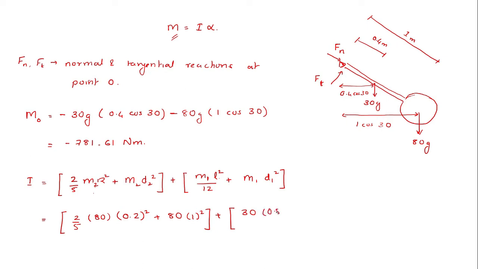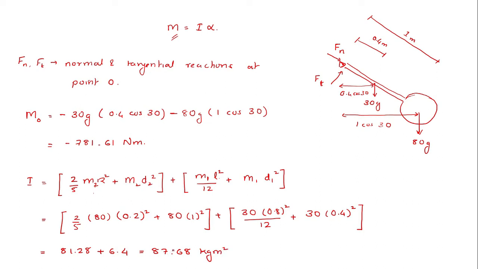So 0.8 square divided by 12 plus 30 into the corresponding distance of this axis from which we are finding it. Okay, so that is 0.4. So 0.4 square. So if you solve this, you would get 81.28 plus 6.4, that is equal to 87.68 kilogram meter square.